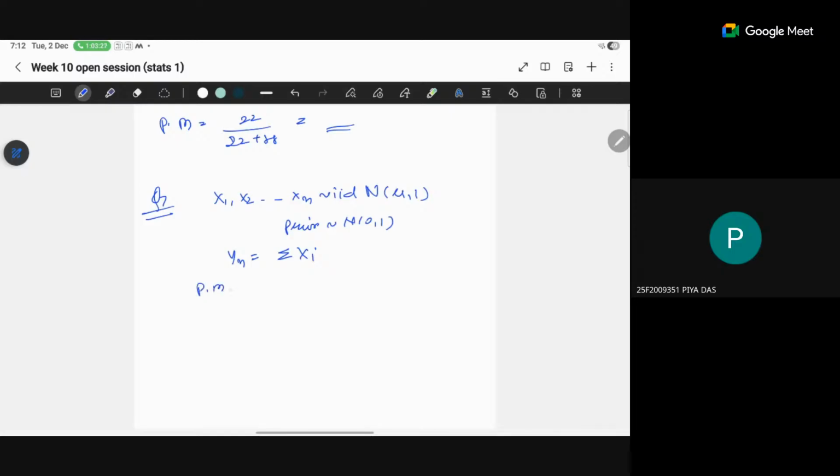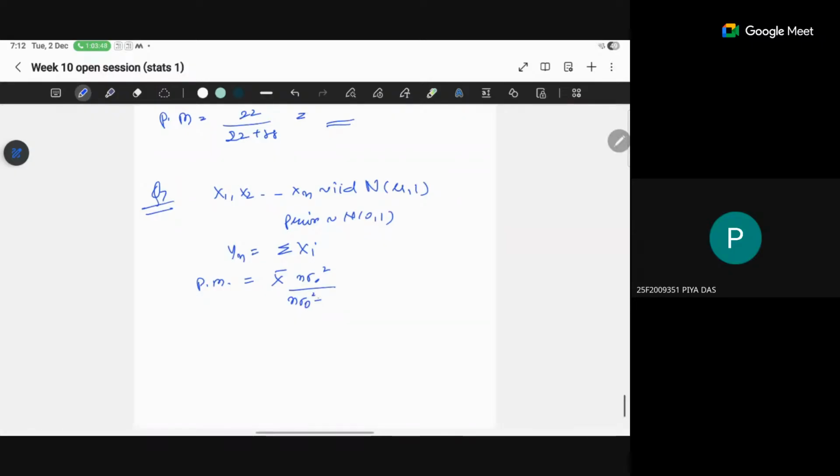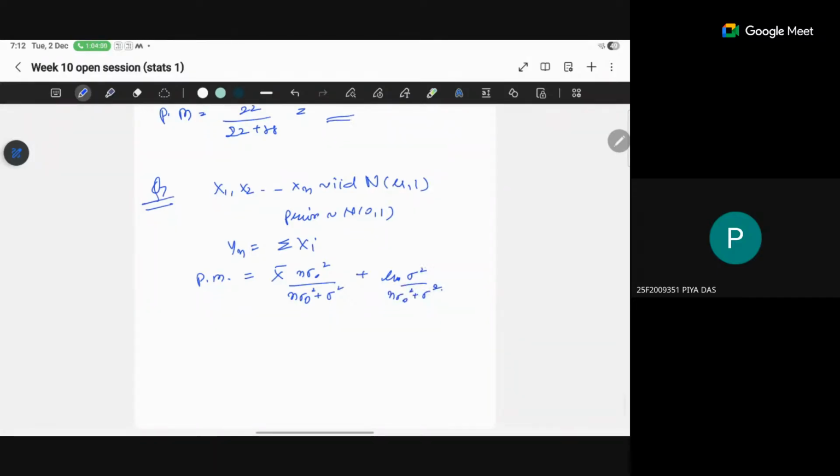Now we need to calculate the posterior mean. So what was my posterior mean? The formula is x bar n sigma naught square, plus mu naught sigma square, over n sigma naught square plus sigma square. This is my posterior mean.